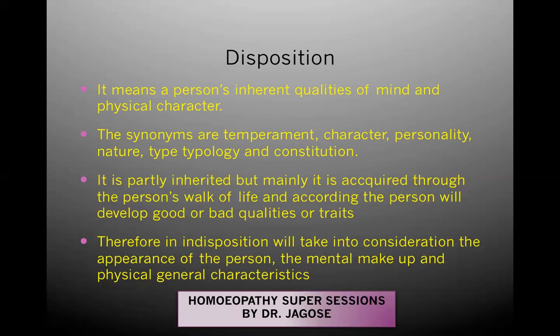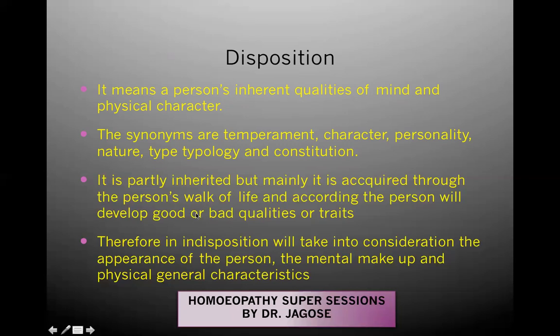Therefore, in disposition, we will take into consideration the appearance of the patient, the mental makeup and physical general characteristics. Sorry, it's a mistake out here. It should be disposition, not indisposition. So therefore, in disposition, we have to take, as I told you, how the patient looks, the mental makeup, and the physical general characteristics.